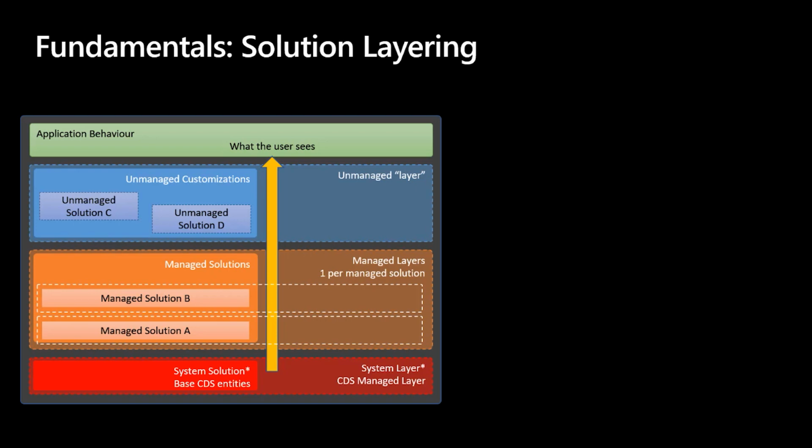For other components that support merging, let's say legacy sitemap and the model-driven forms, it would be a merge of all of the layers that are participating. And the end result would be a combination of all of them, including your active layers on top. Now, when you bring in managed solutions, the top one would be winning. If you ever make a configuration, your unmanaged changes will always be on top of those managed layers.